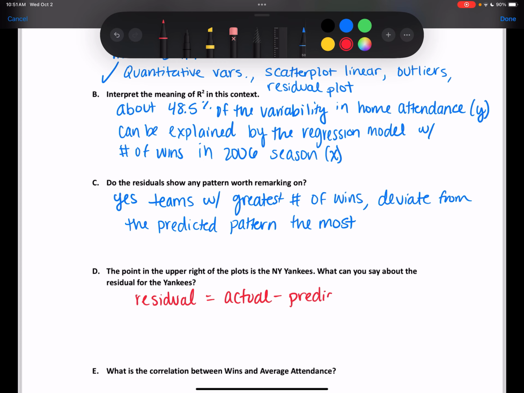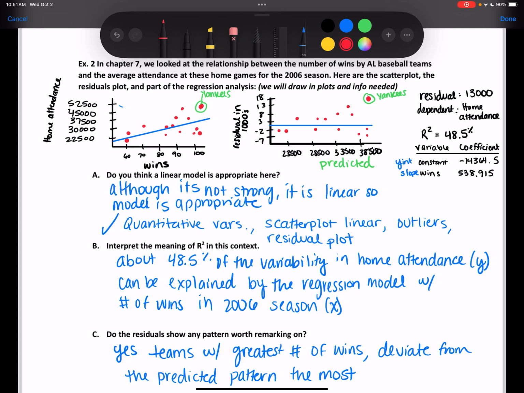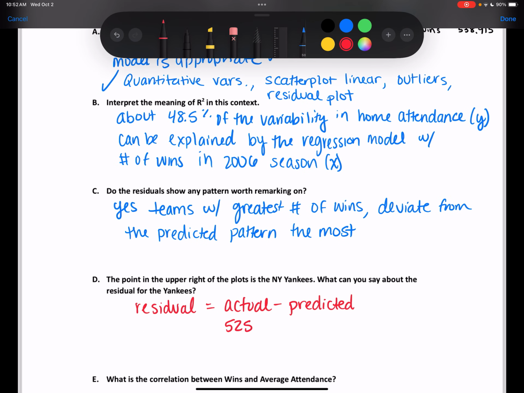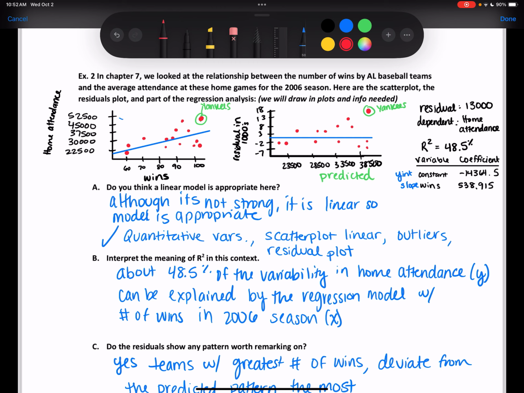So up here, the actual amount is 52,500. I'm telling you that because my graph's not perfect. And the predicted is the line. I actually did a pretty decent job getting the line on here. Coming across, it's about at 37,500.